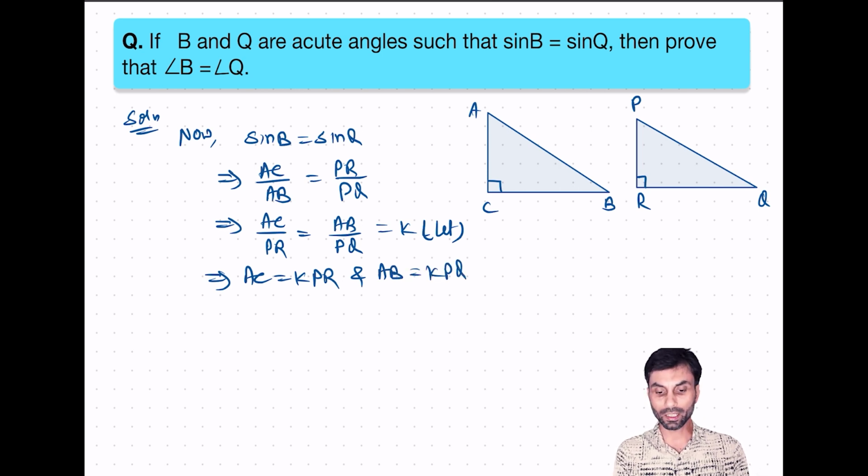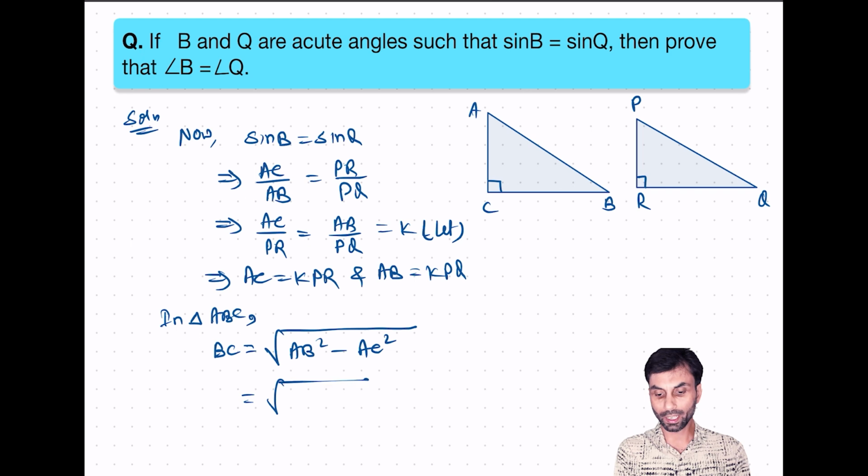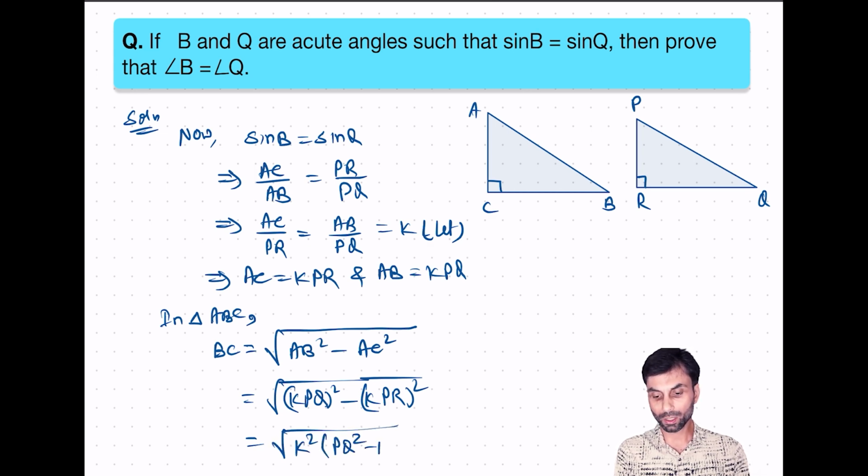Now if we use the Pythagoras theorem in triangle ABC, then the value of BC will be equal to the square root of AB square minus AC square, which will be equal to K PQ whole square minus K PR whole square, which can be written as K square into PQ square minus PR square.